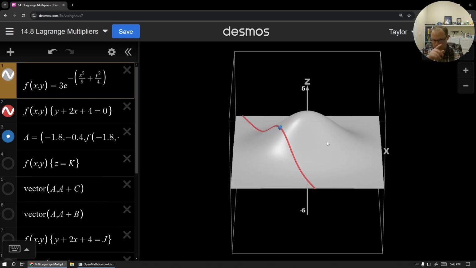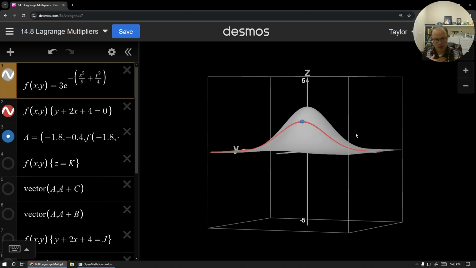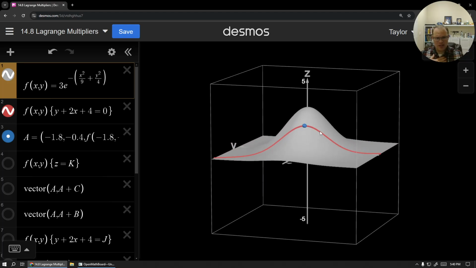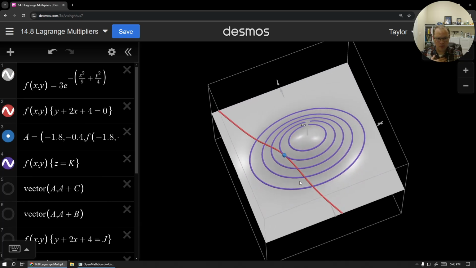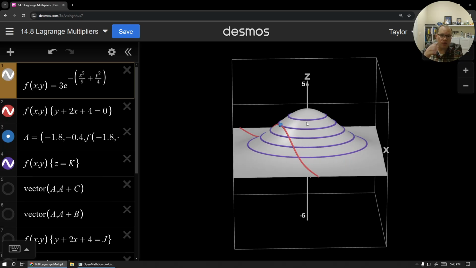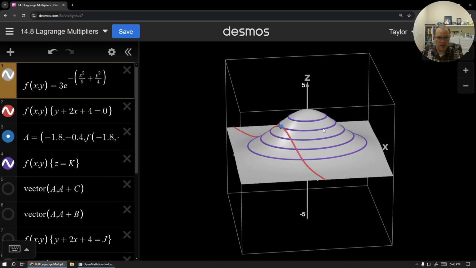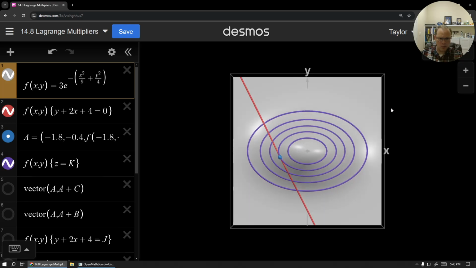Now, if you stare at this long enough, you may realize something very interesting. Where it reaches that highest value is going to be tangent to a level curve of the surface. If I draw some level curves of the surface here, remember a level curve is just where the function value is equal to a constant. So here are several level curves of the surface. If we look at it from overhead, it's really clear that our constraint is tangent to one of the level curves.